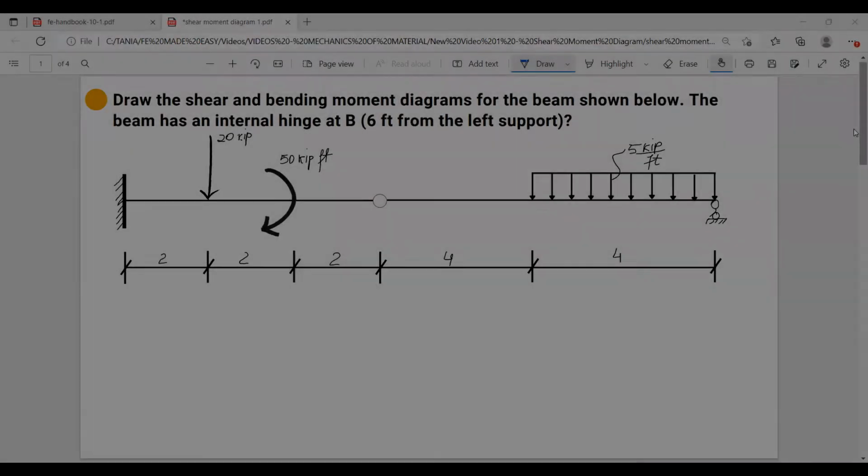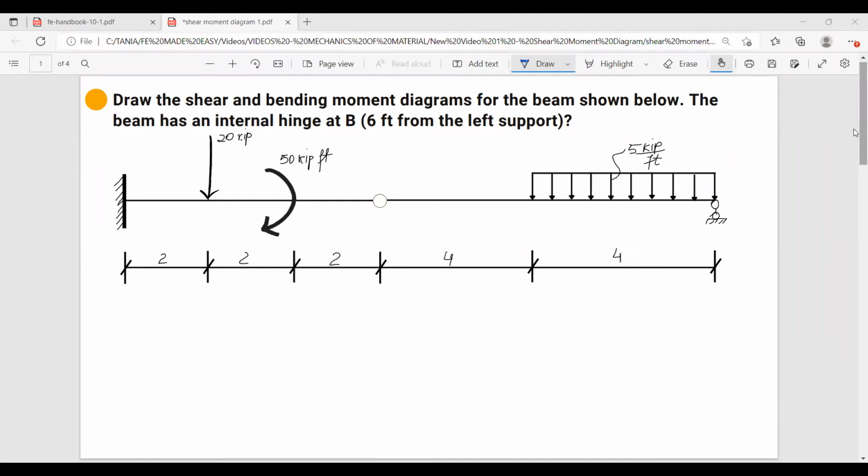Now let's move on with our example. Draw the shear and bending moment diagrams for the beam shown below. The beam has an internal hinge at B, 6 feet from the left support. As you can notice, this is not a usual simply supported beam. This beam has a hinge in the middle.